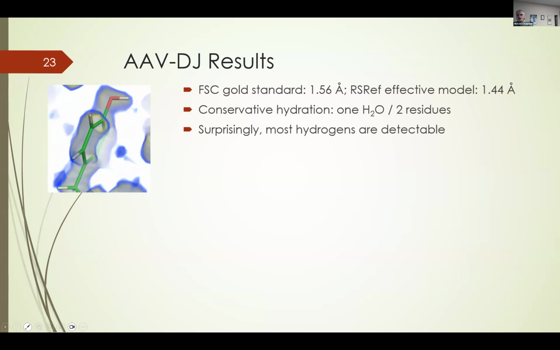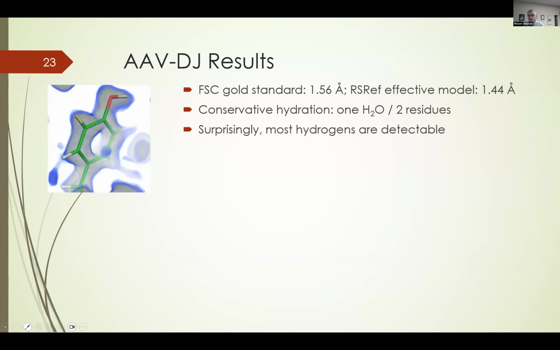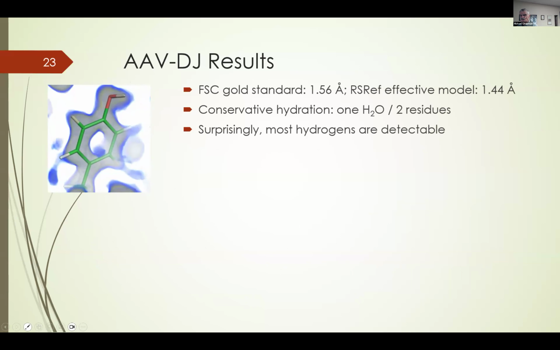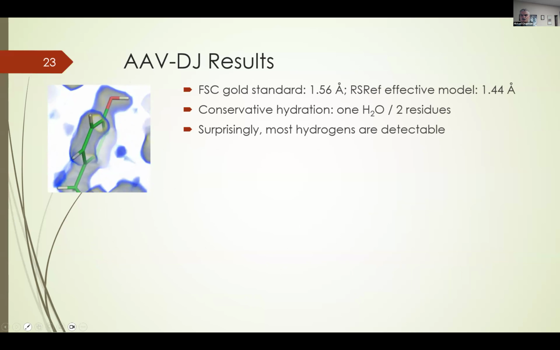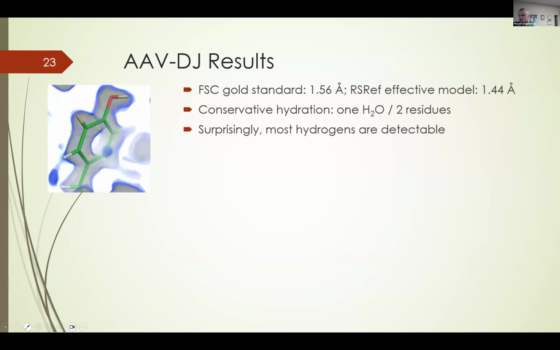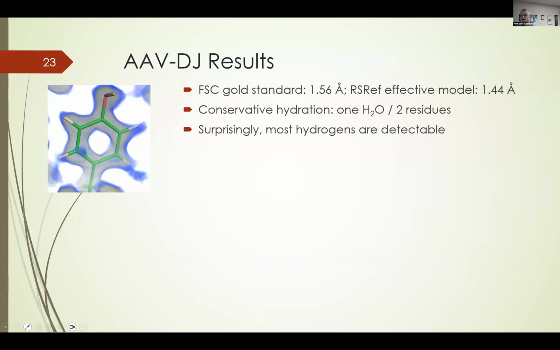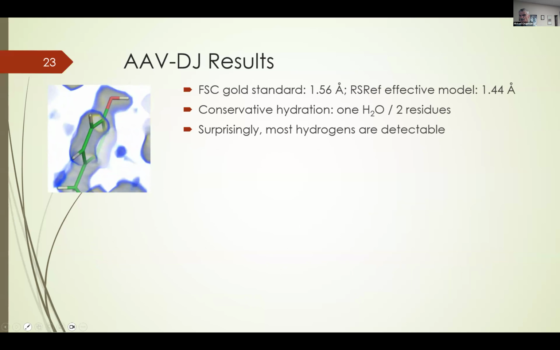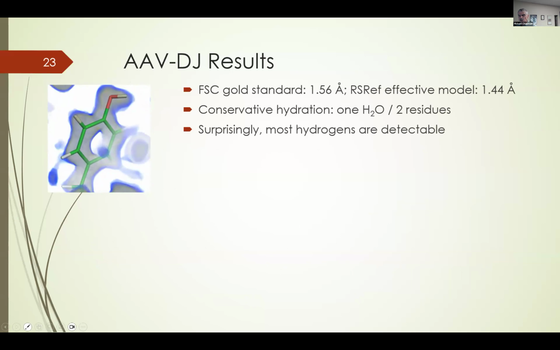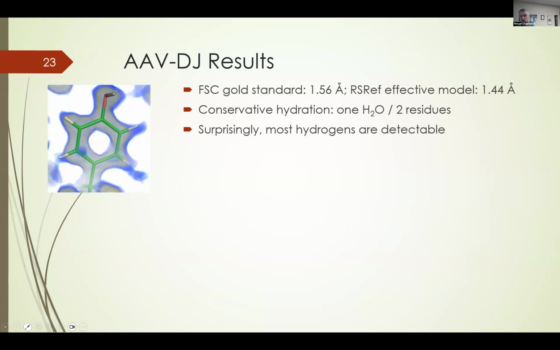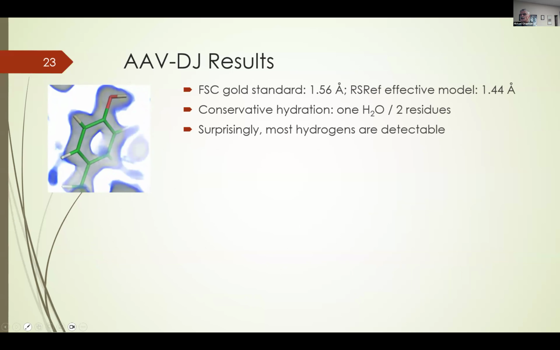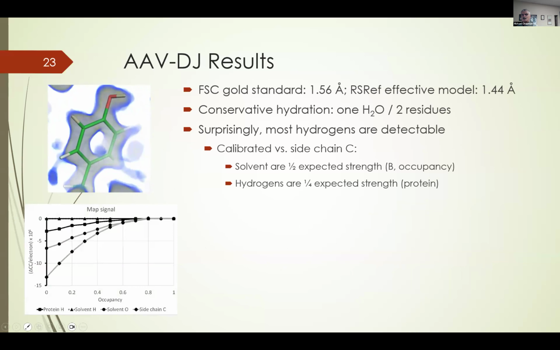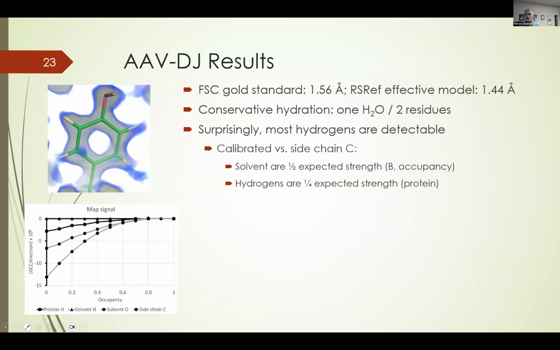There we go. Now, this kind of surprised us because from crystallography, we would expect to need about 1.2 angstrom resolution to be resolving hydrogens or to start resolving hydrogens. And here at a bit worse than 1.5 angstrom, we're apparently seeing them. Now, we cross-checked this in the following way.